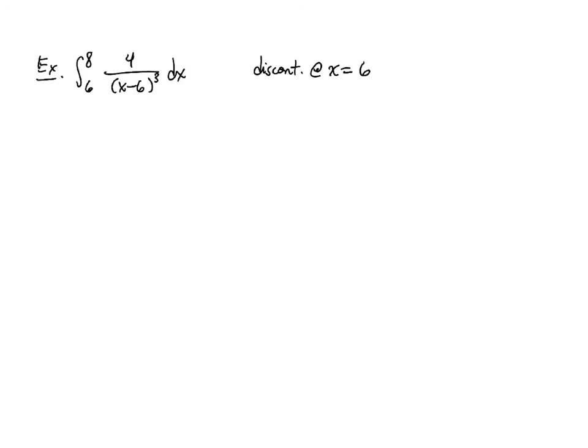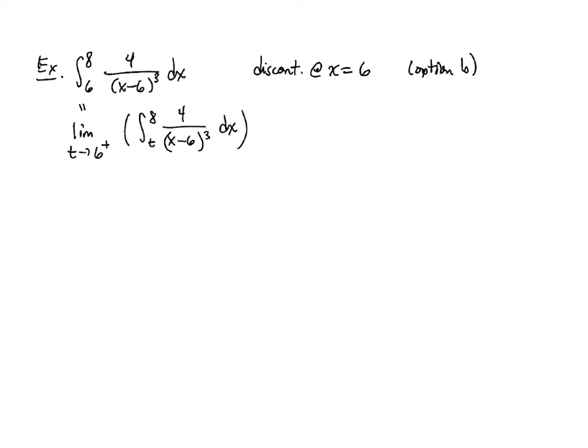So the way that we would evaluate this, since the discontinuity occurs on the left, so this is type B from the previous page, we would write this as a limit as t goes to 6 from the positive side of the integral from t to 8, 4 over x minus 6 cubed dx.